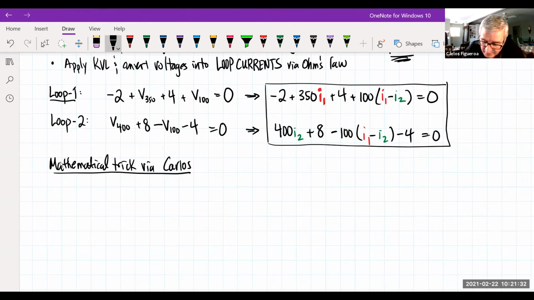And what we want to do here is that note this is not in matrix form. So you still have to put this into matrix form.